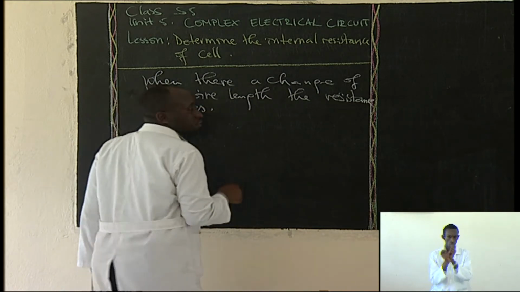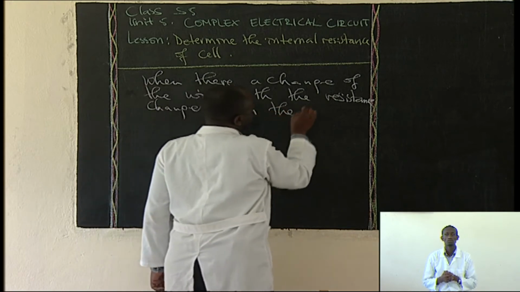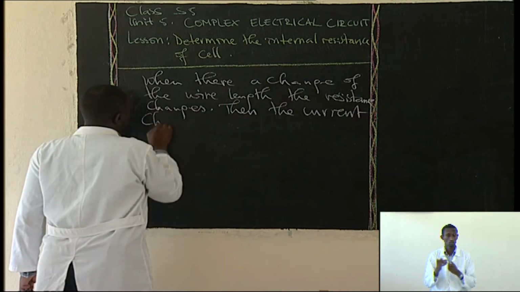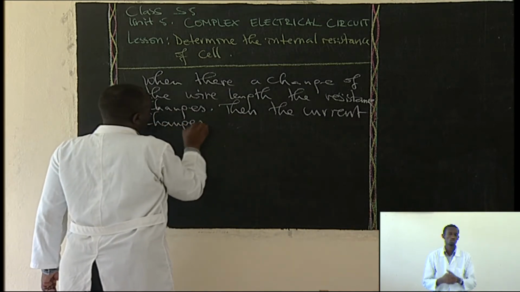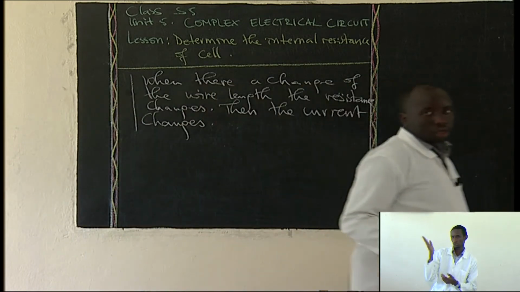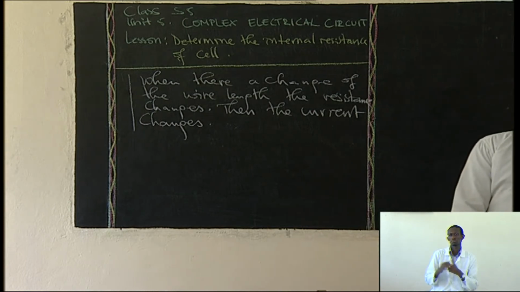And then the current changes. Okay, so this is a point that we can now end this relation having into our explanation.